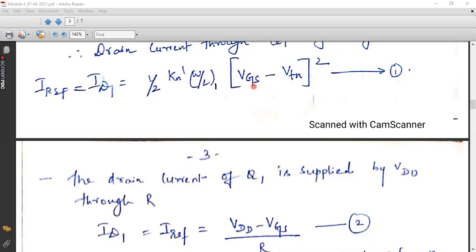And the difference between VGS and VTN is nothing but the overdrive voltage VOV. So this is the equation for the drain current, and put it as equation number 1 for Q1.